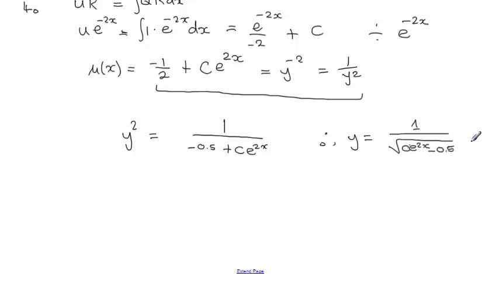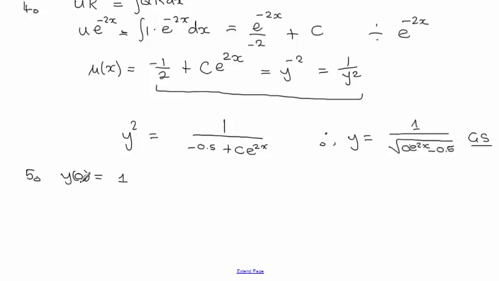So then this is our general solution. Just write that there. But remember, we're given initial conditions. The conditions say that y at 0 is equal to 1. So now we can move on to find our particular solution. That is our step number 5.